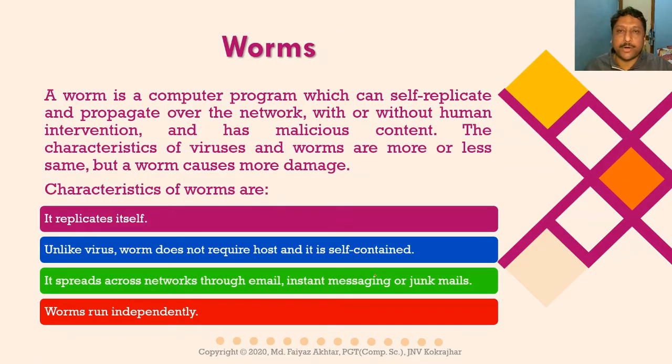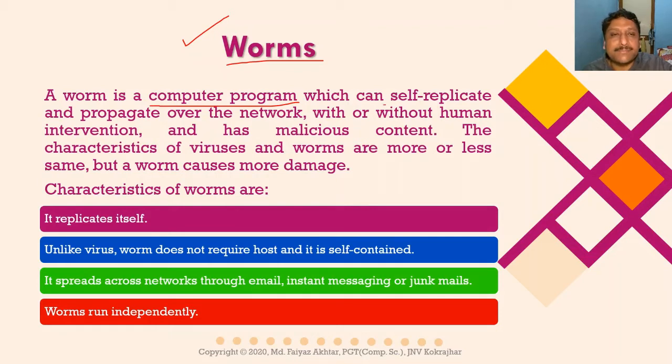Now come to worms. This is again a kind of virus, but it is not a virus. Its name is worms. What is a worm? A worm is a computer program. As a computer virus is also a computer program, same here, worms are also a computer program which can self-replicate and propagate over the network with or without human intervention.